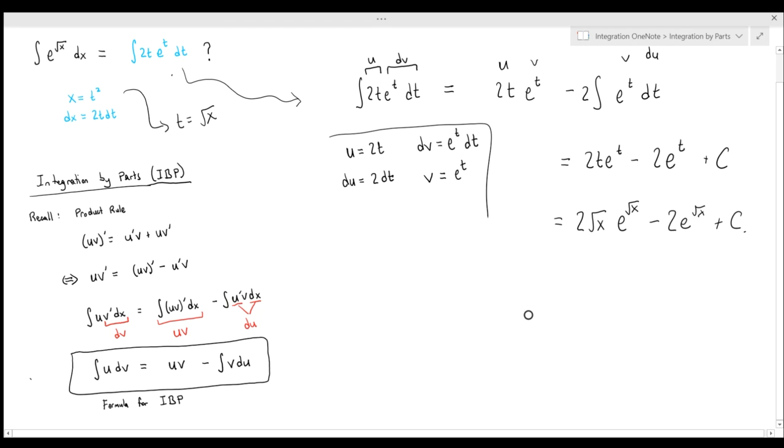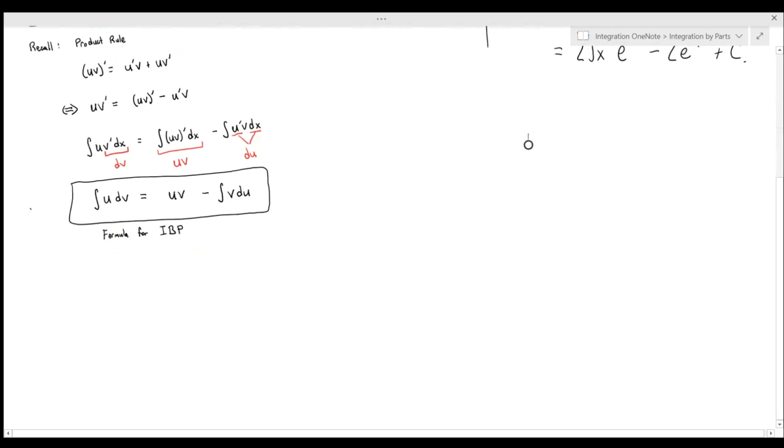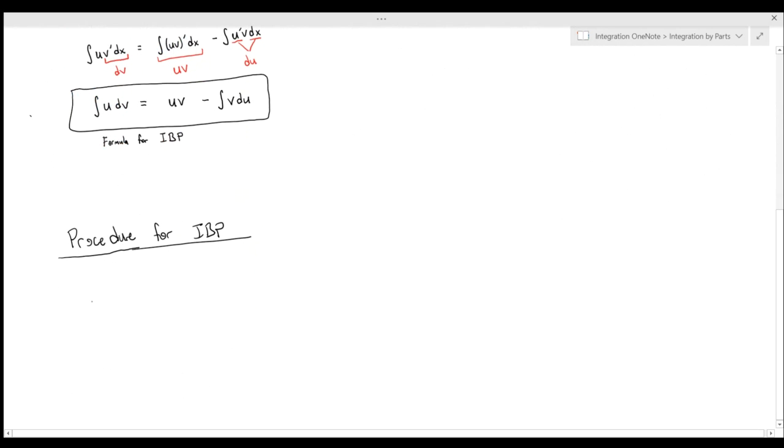Okay, so I'm going to talk a little bit more about integration by parts, and I'm going to do a couple more examples of it as well. So let's go over the procedure for integration by parts. So the idea is in your integral, you're going to choose something to be u.